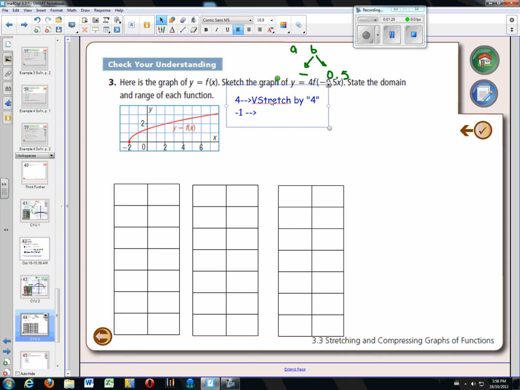Negative 1 is a horizontal reflection over, you guessed it, the y-axis. And then a half, 0.5, is a horizontal, B's bad, stretch by the reciprocal of 1/2, which is 2.